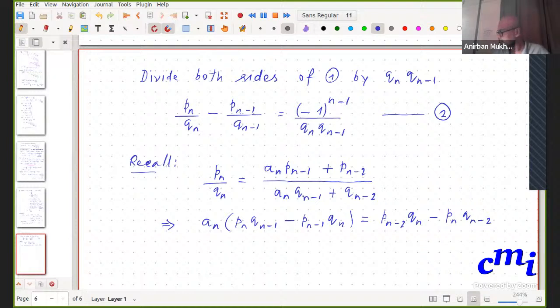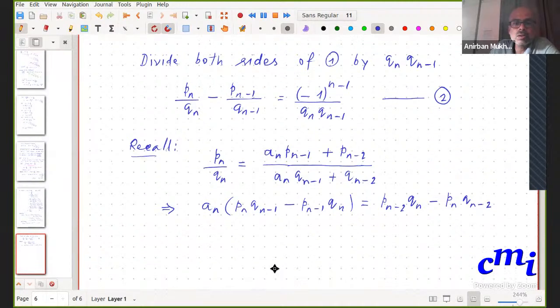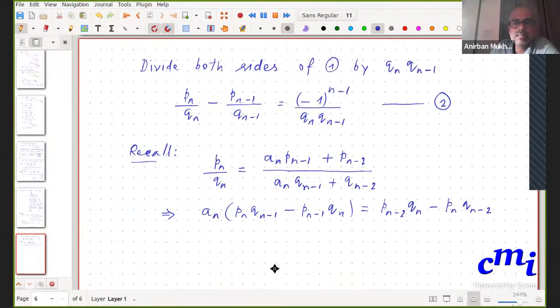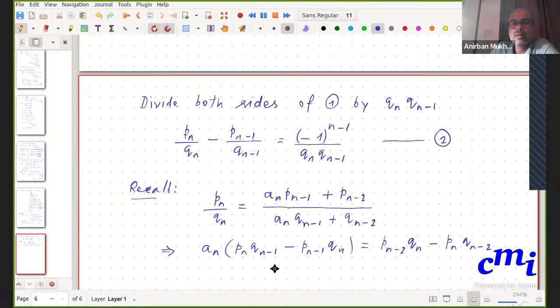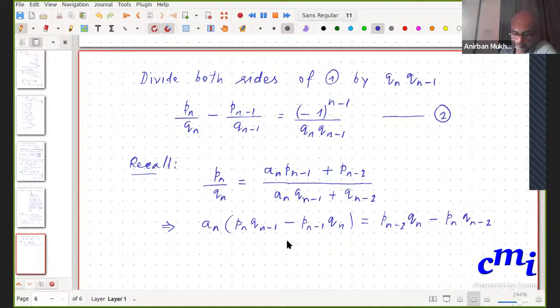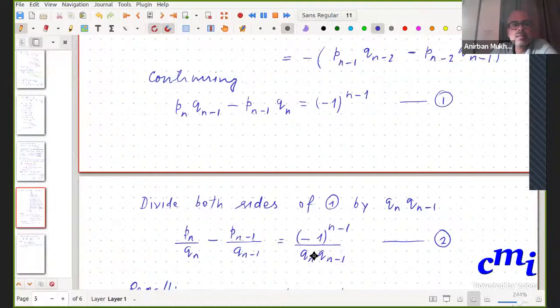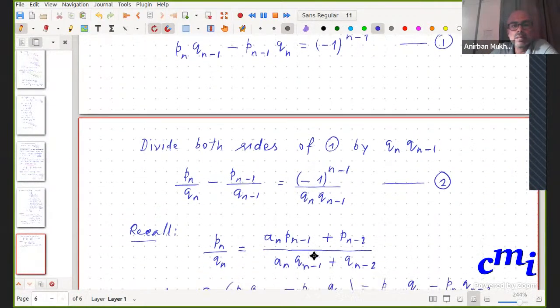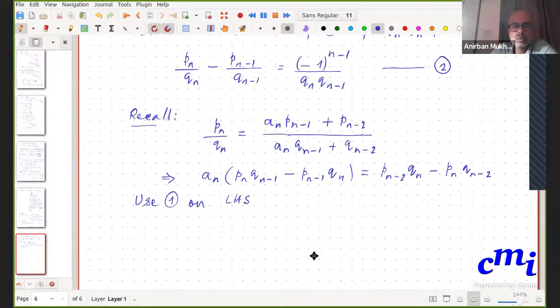So now use the previous relation, equation 1 that we have proved, on the left-hand side. So the left-hand side has this part, Pn Qn minus 1 minus Pn minus 1 Qn. So use 1.